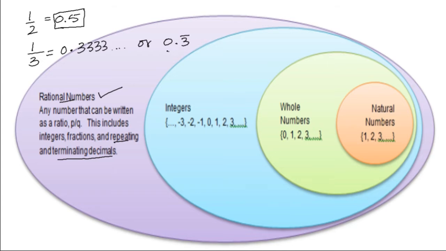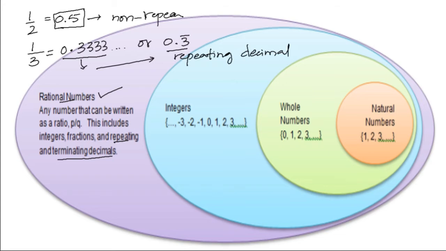So this is a repeating decimal, and the other one is a non-repeating but terminating decimal.